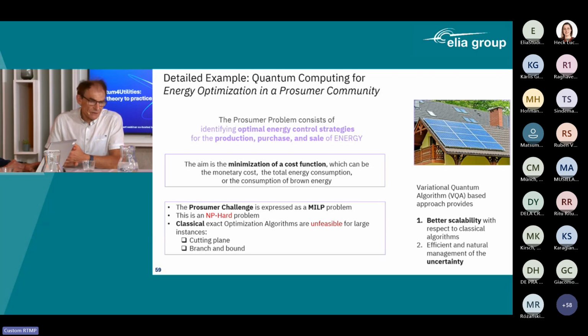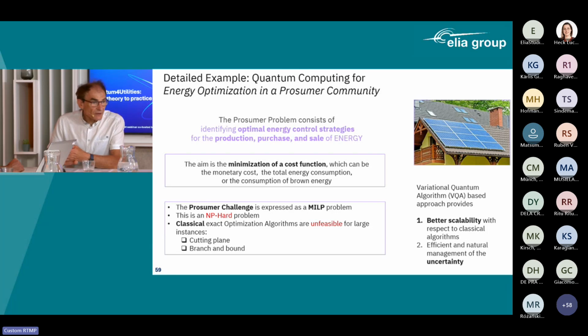And this is the business question, but you can, of course, boil that down to a more engineering or technical question, and then we talk about minimization of a cost function that is referring to a monetary cost, the total energy consumption, or the brown energy consumption, not the green, but the brown energy consumption. So it's an optimization problem that we are addressing here.